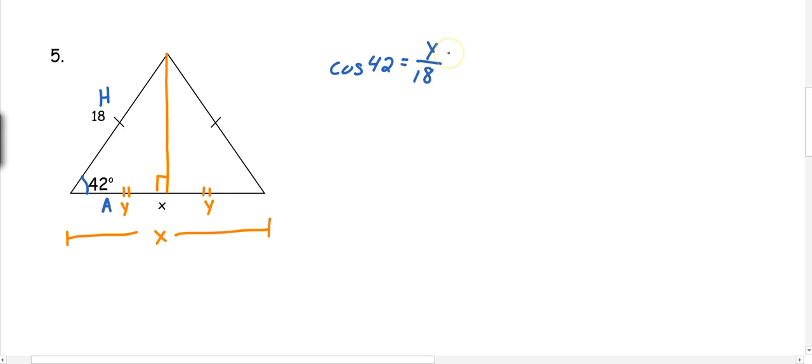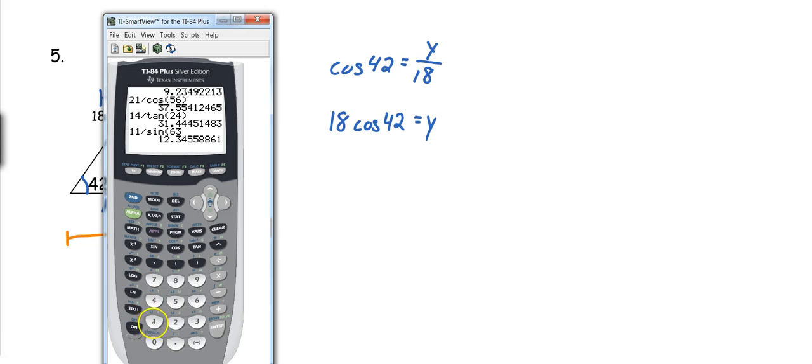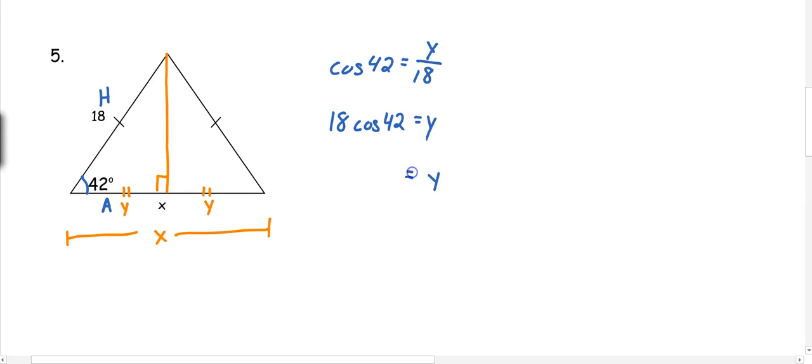Now, because y is in the numerator, we're going to multiply, so 18 times the cosine of 42 equals y. 18 times the cosine of 42 gets us that y is going to be 13.4, which means that each of these pieces is 13.4.